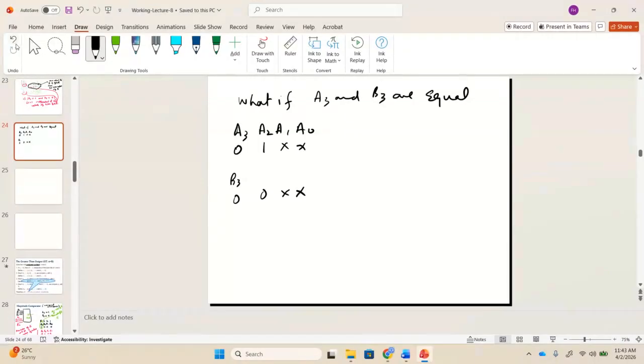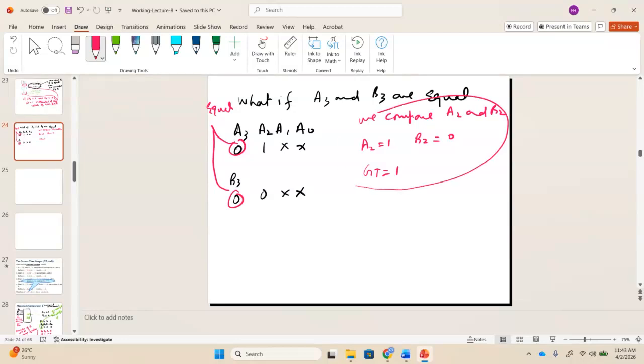In this case, please remember, if they are equal, we look into the next bit. We compare A2 and B2. If A2 is 1 and B2 is 0, then GT will be 1. Got it or not got it?